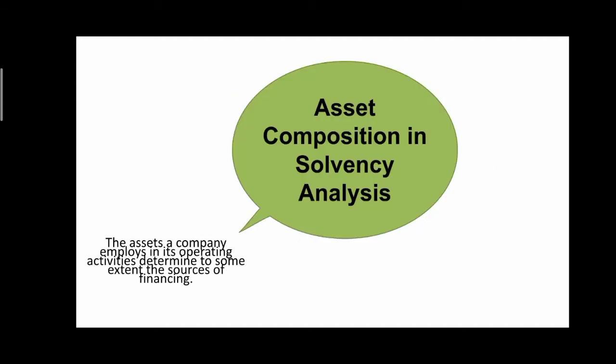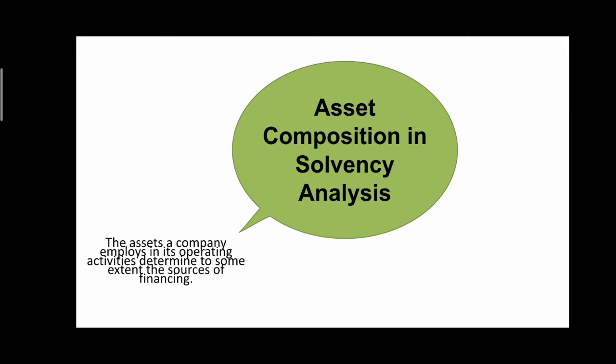And then asset composition in solvency analysis. The assets a company employs in its operating activities determine to some extent the source of financing. For example, fixed and other long-term assets are typically not financed with short-term loans. These long-term assets are usually financed with equity capital.